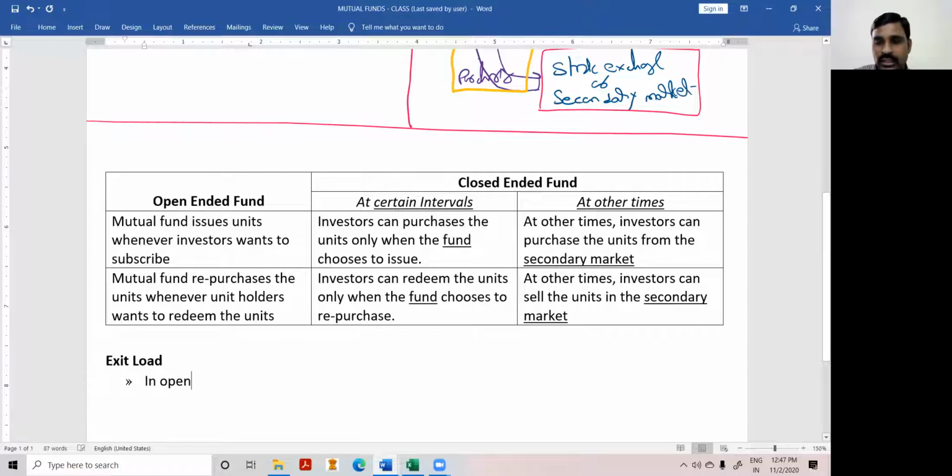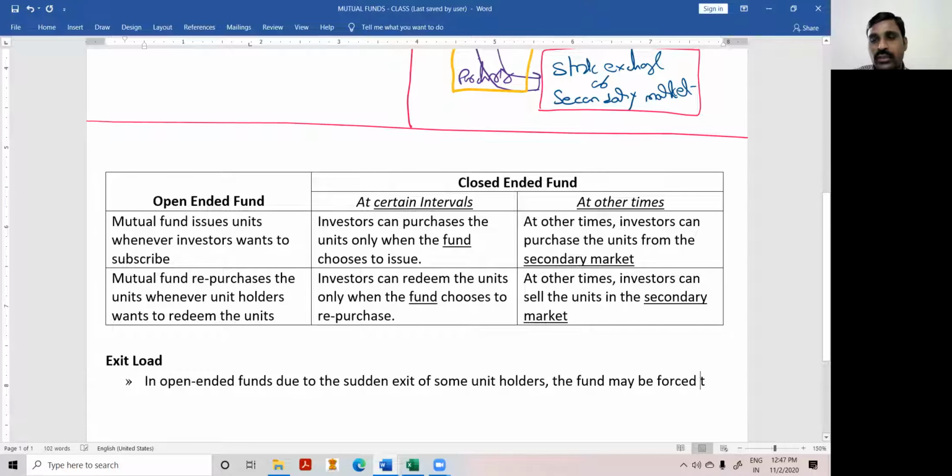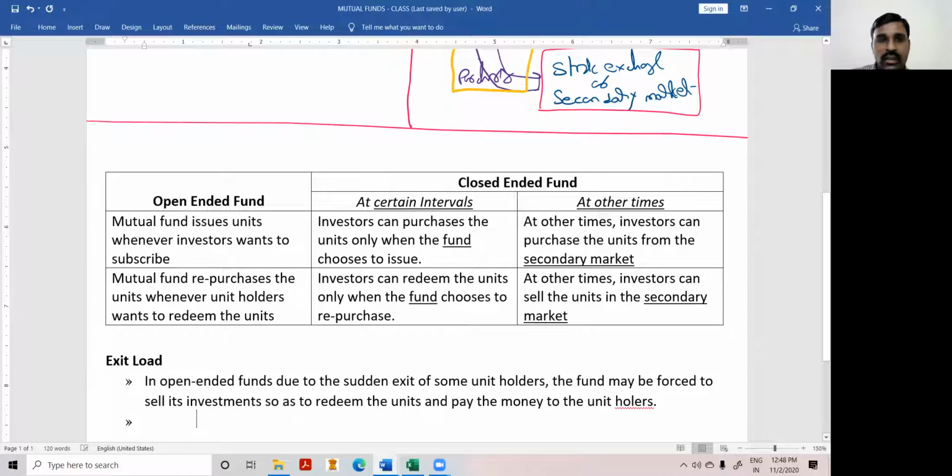In open-ended funds, due to the sudden exit of some unit holders, the fund may be forced to sell its investments, so as to redeem the exit units and pay the money to the unit holders. So whenever they want to redeem, the fund has to repurchase.